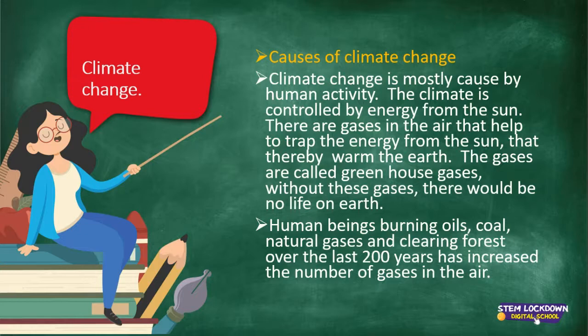There are gases in the air that help to trap the energy from the sun and thereby warm the earth. The gases are called greenhouse gases. Without these gases, there would be no life on earth. So these are the good gases, and these are the gases that come together and make sure that we can exist.